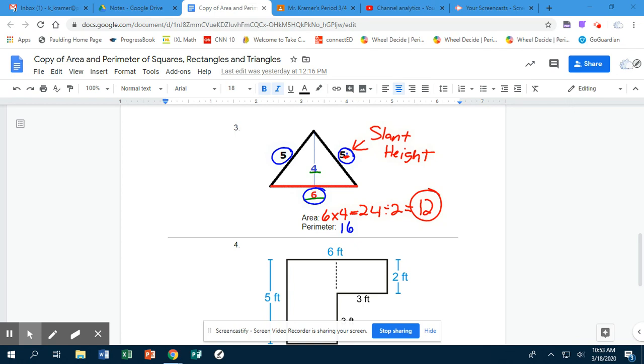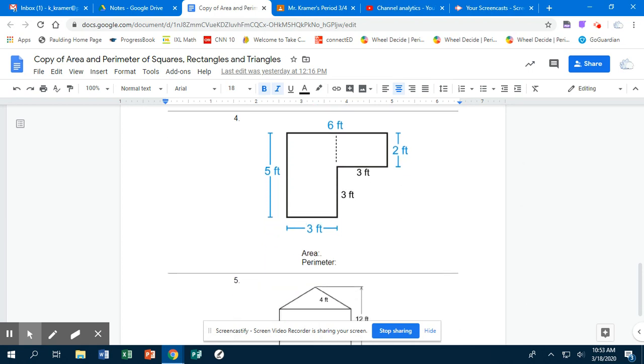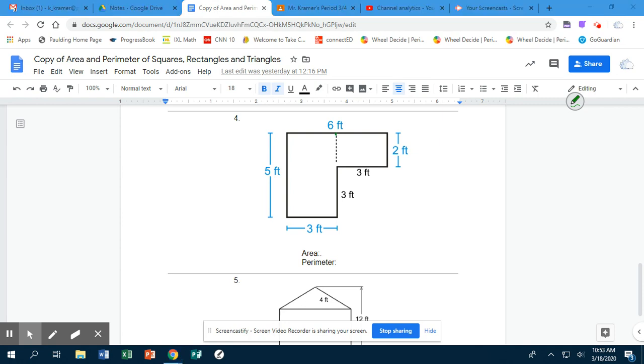So what we're going to do now is look at a compound figure. Compound figures are made up of various shapes. As you can see from right here, we have this line that divides it into 2 different rectangles. The first one we're going to look at is this big one right here. We see that the base is 3, the height is 5. So we do 3 times 5, and that gives us 15 feet squared.